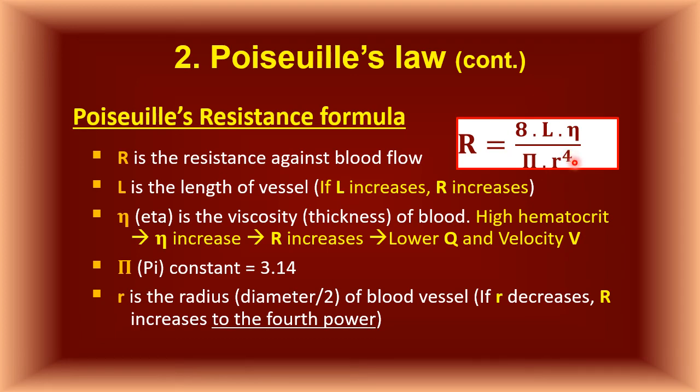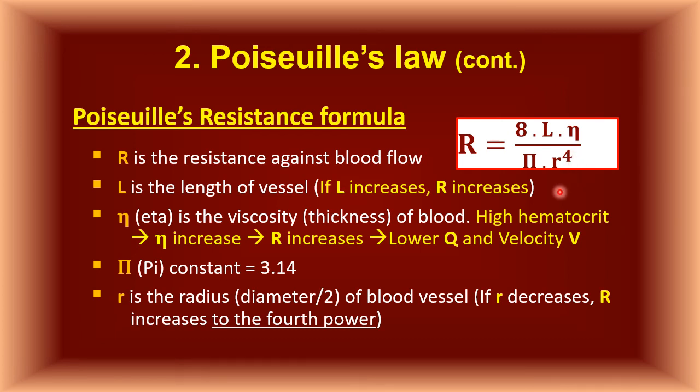It means that r is multiplied by itself 4 times. We need to mention that it is r multiplied by r multiplied by r multiplied by r. It's not r times 4. It's a different story, guys. We need to understand this. No, it's r times r times r times r.